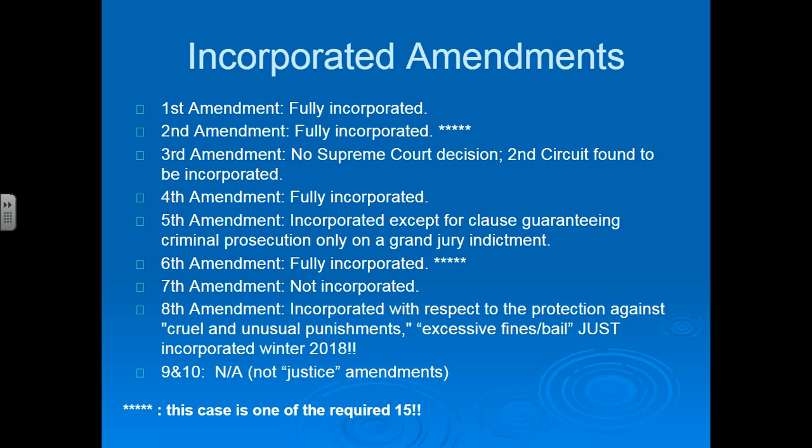So states could have very strict gun laws, and the state of Illinois and city of Chicago did until McDonald took them to court, and now they don't. And then the Sixth Amendment is the other incorporation case that's a required case by the College Board. That one's Gideon versus Wainwright, and we'll talk about that in just a second.